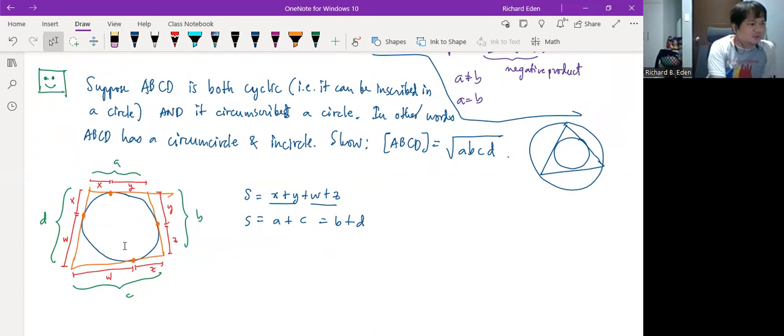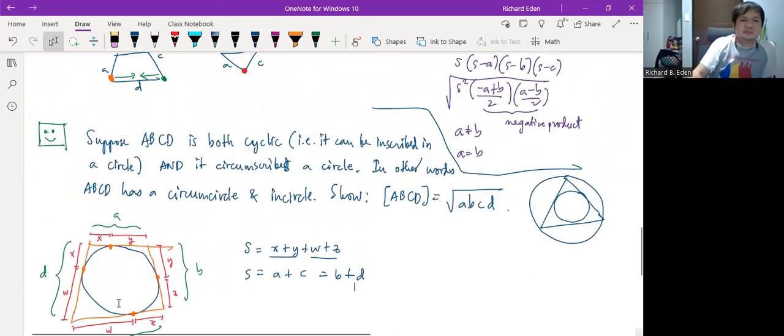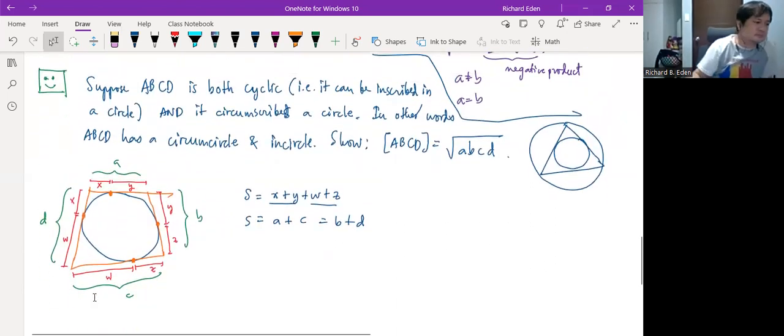So, Brahmagupta's formula, exercise. Actually, what time did we start? Around 7.